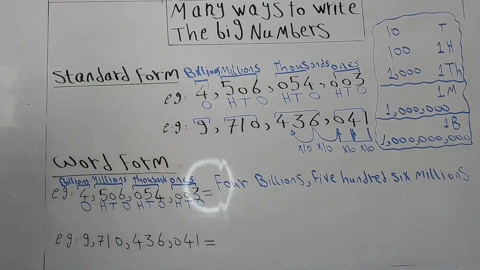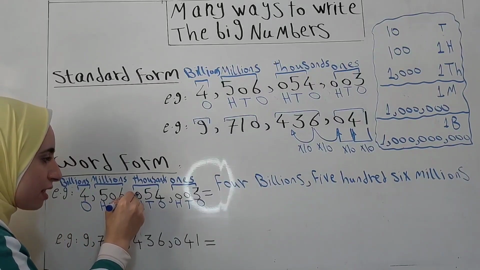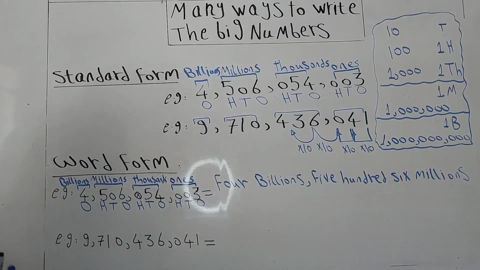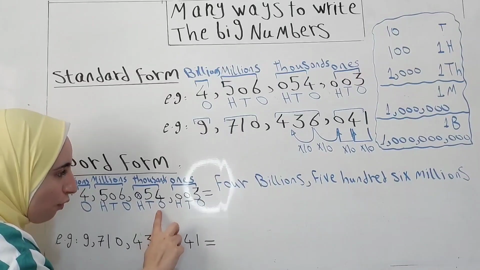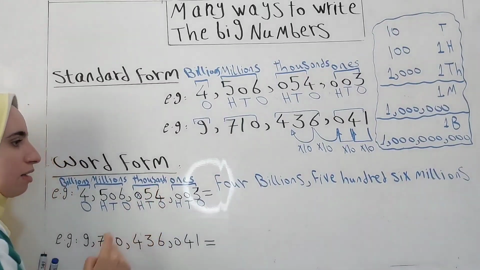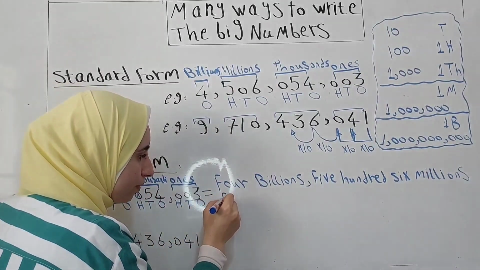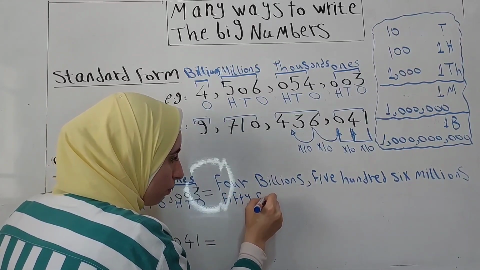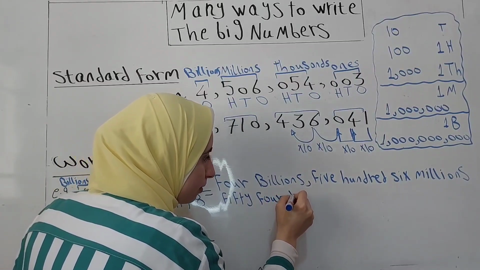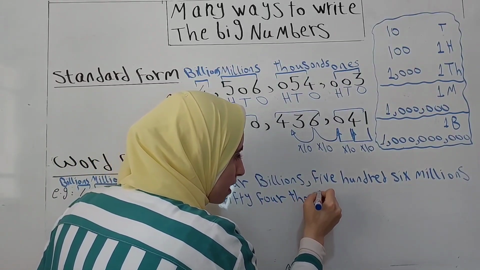Then we go to the thousands family. We have 0 on the left, but 0 on the left does not have a value. So we read this number 54, what? 54,000.